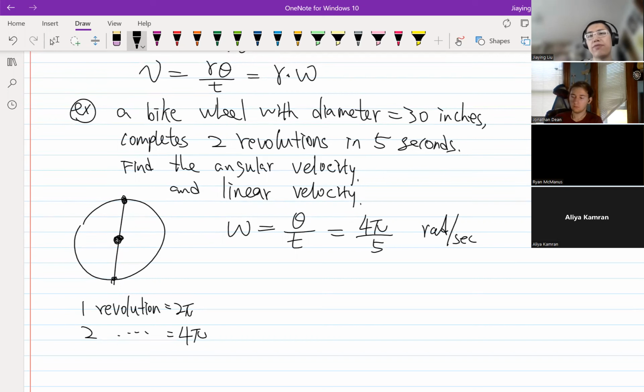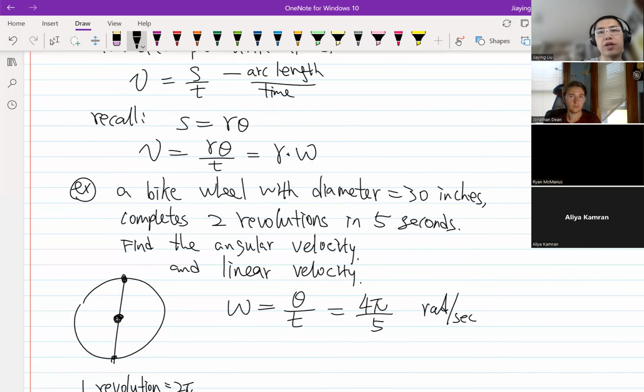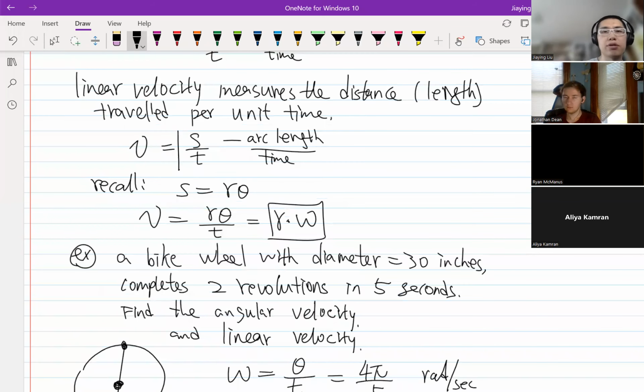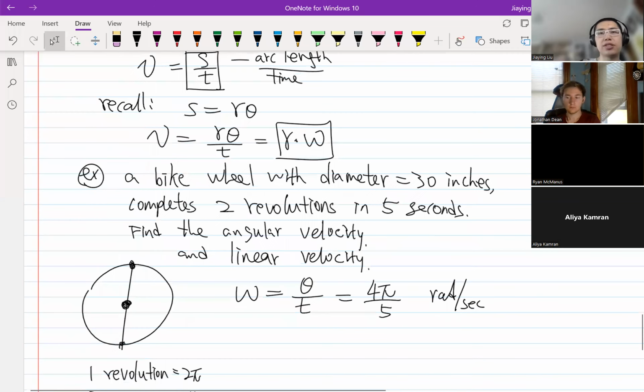And I suppose I want to find the linear velocity. So I have to figure out the length of the arc on the circle that it covers in 5 seconds. We can either use a shortcut, V equals R times omega, or we can take the long way, which is S divided by T. Either way should work, so let's take the long way.